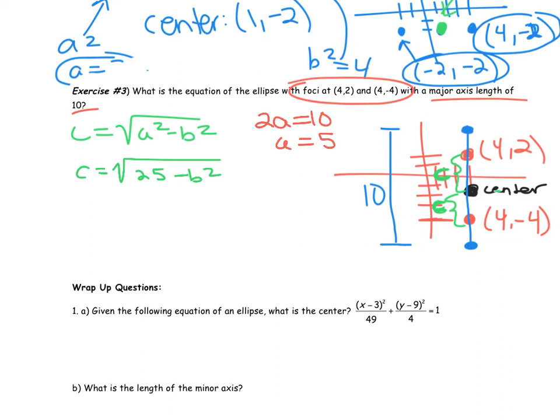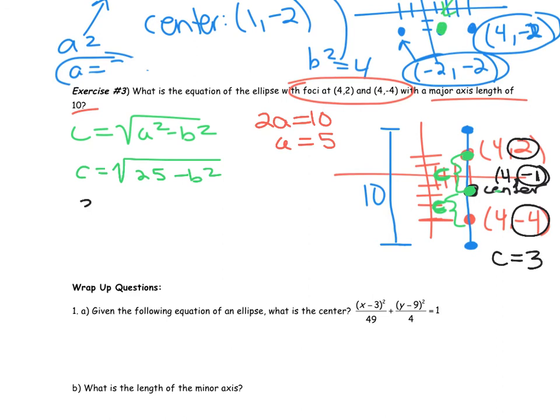Now remembering c is that distance from the center to one of the foci. We can figure out what the center is. Halfway between 4, 2 and 4, negative 4 will be 4, negative 1. So going from negative 1 to 2 or negative 1 to negative 4, c has a length of 3.